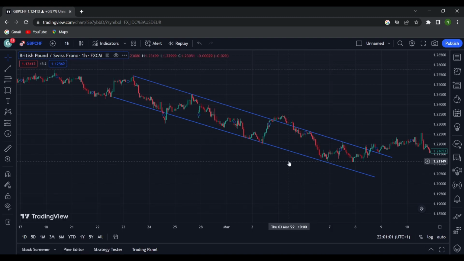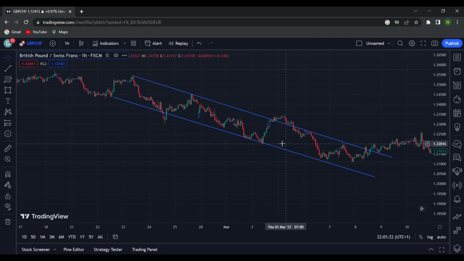One thing to keep in mind, I wouldn't be trading off of, let's say, this lower trend line right here, because that will be counter trading, and I will avoid that. At least as a beginner, I will avoid doing so. If you are a more advanced trader and you have a strategy based on reversals, you can go for that.